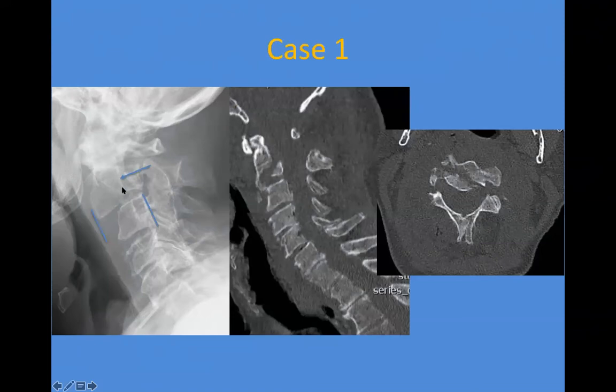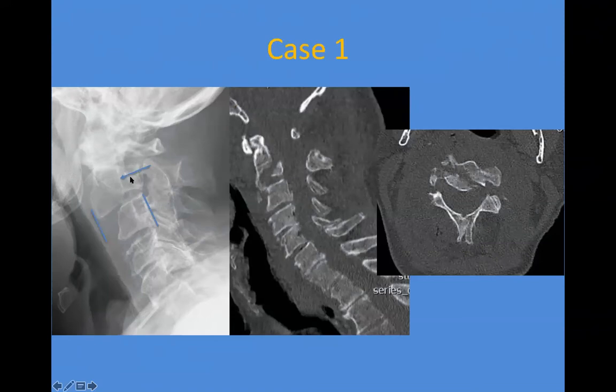I didn't draw a line here because when I drew the line, it was really hard to see this cortex because this person's kind of osteopenic. So this arrow is supposed to be indicating this posterior vertebral body. So you can see a major anterolisthesis of C2 on C3.